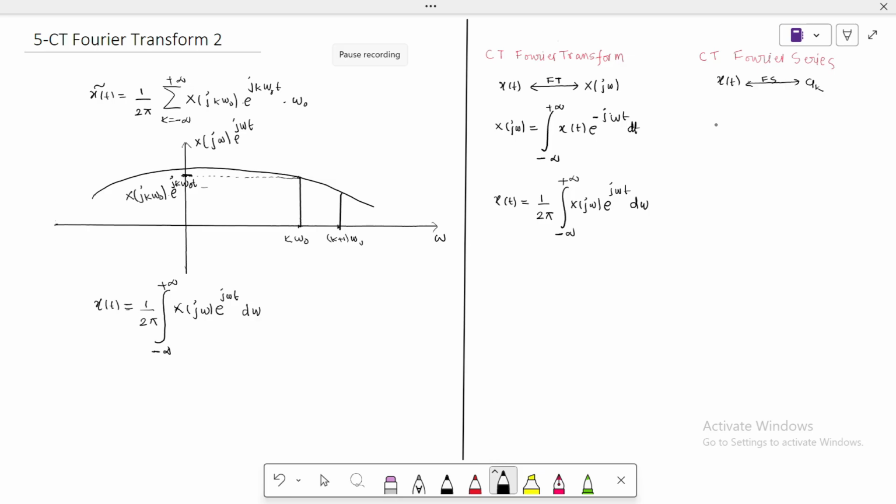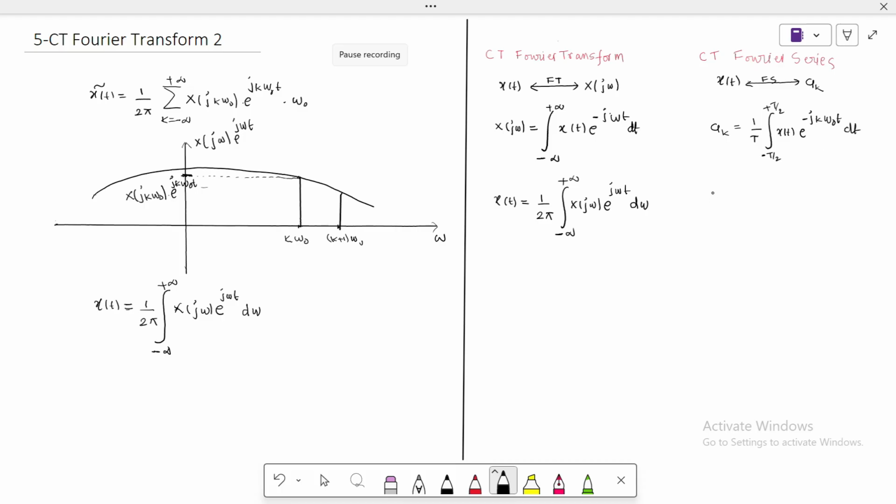So that's the a k formula: a k equals 1 by T, integral from minus T by 2 to plus T by 2, within one time period. Why? Because here x of t is a periodic signal, into e power minus j k omega naught t. So omega naught is a constant here, and this omega is a variable, into dt.